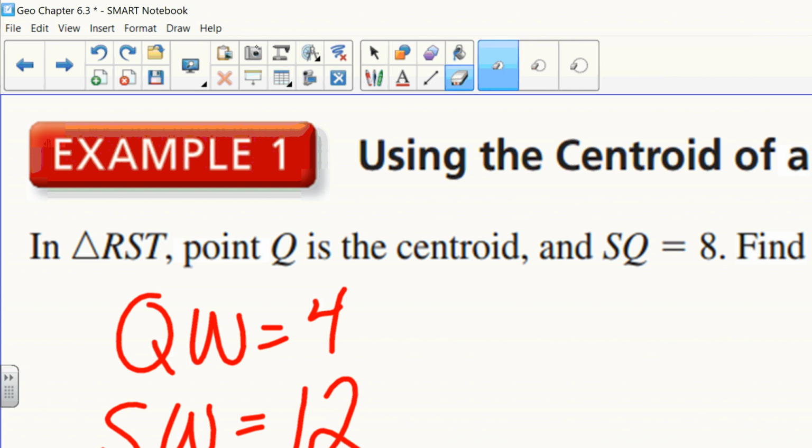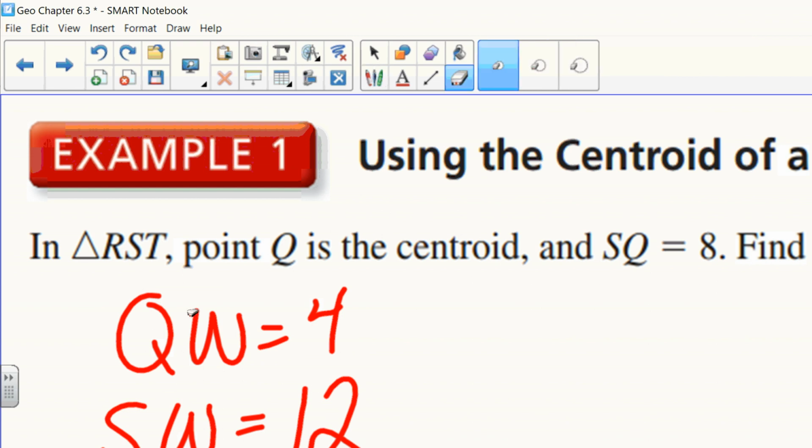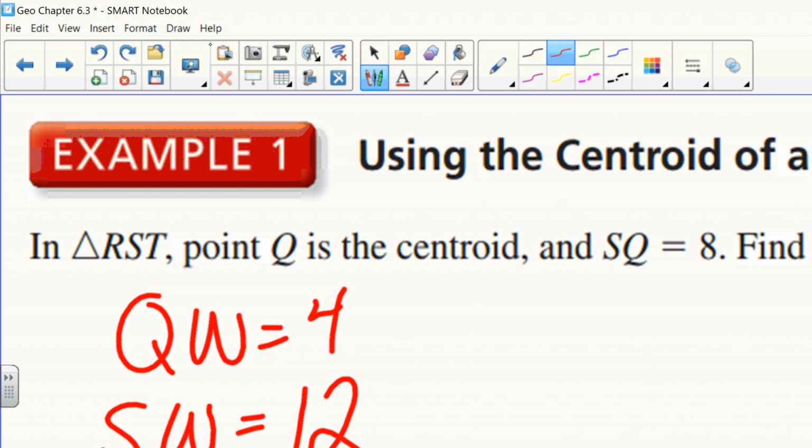If we had multiplied 12 by 2/3, because the whole times 2/3 gives us the bigger length, what is 2/3 times 12? 12 divided by 3 is 4, and 4 times 2 is 8.